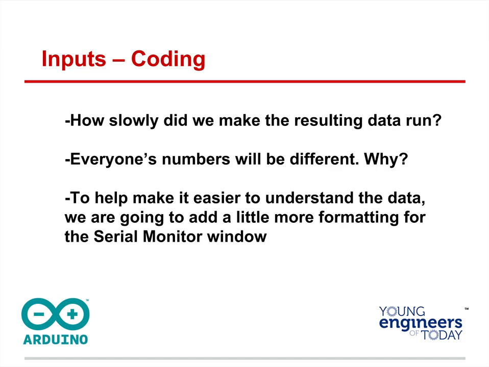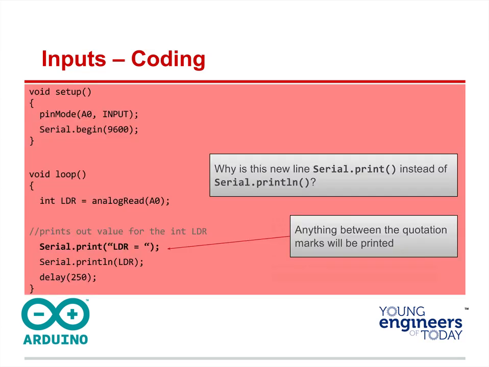All right. Now, to make that so it's a little more readable, we can add some formatting. So up here, your void setup's all the same, void loop. Now we're going to add serial.print, parentheses, quotation. That means literally LDR space equals space, quotations, parentheses, semicolon. Notice there's no line there. And then serial print, and there is a line there, LDR, semicolon.